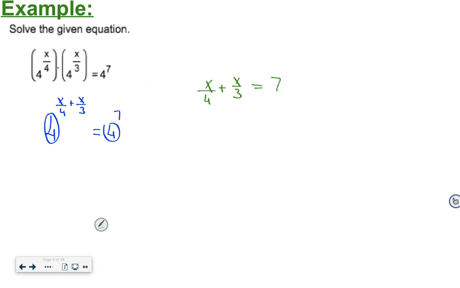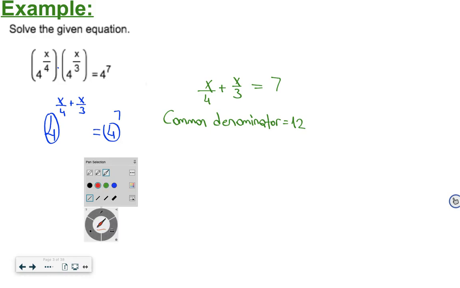To be able to add these two fractions, you have to find the common denominator. So the common denominator is 12. How am I going to make the first fraction's denominator 12? You need to expand by 3.